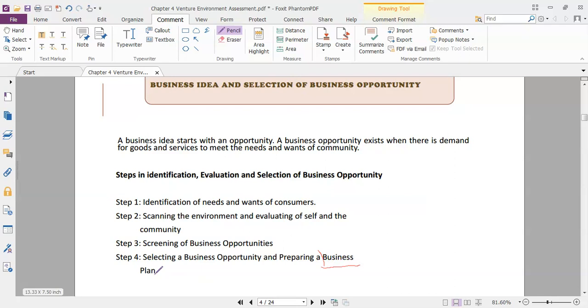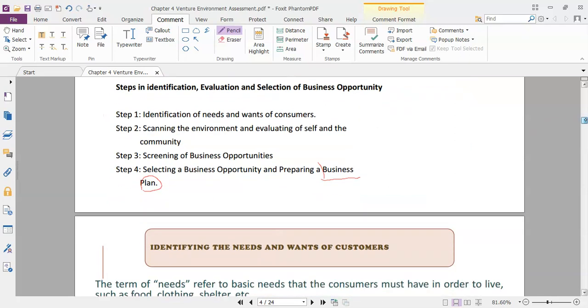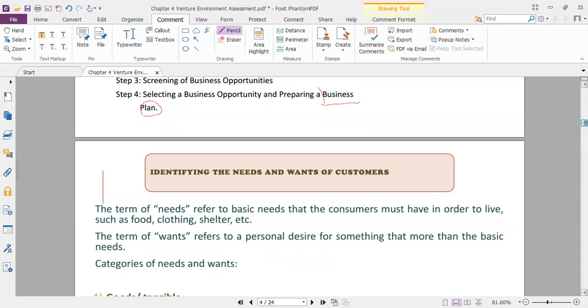So before we move to the business plan, we need to identify the opportunities and the needs first, before we plan to open a business. That is the step. So identify the needs and wants of the customer. We will evaluate one by one, how we want to identify the needs and wants of the customer.